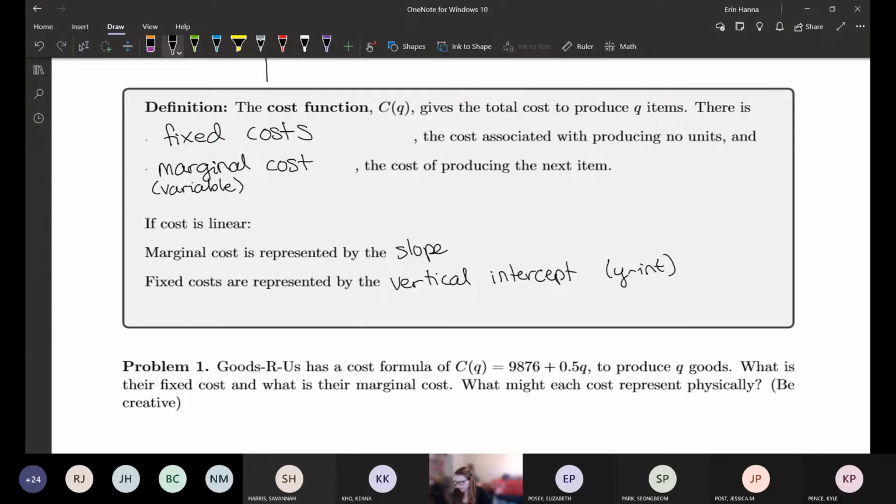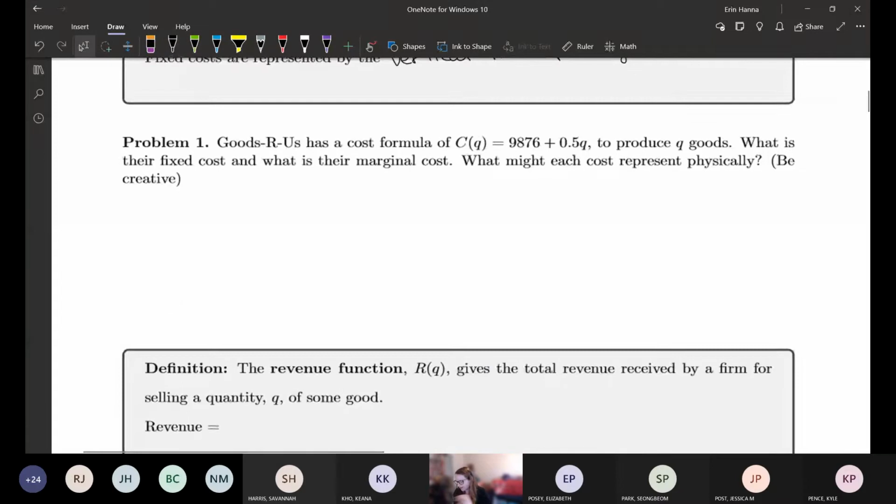So we go on to this first example. Goods R Us has a cost formula of 9876 plus 0.5Q to produce Q goods. What is their fixed cost and what is their marginal cost? What might each cost represent physically? Be creative. So start with fixed.